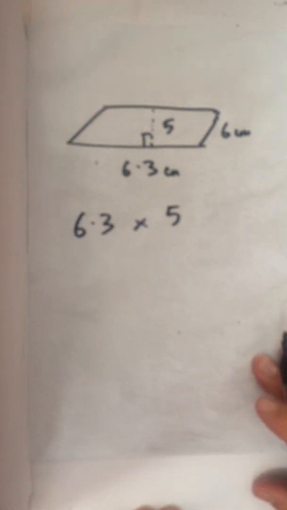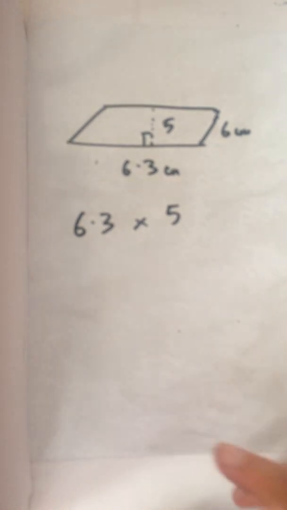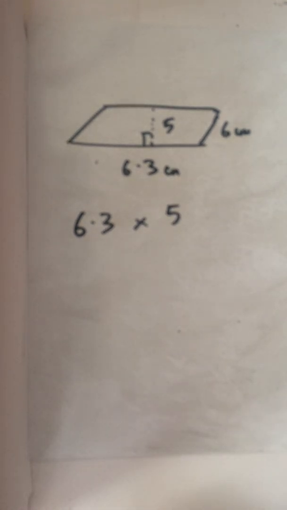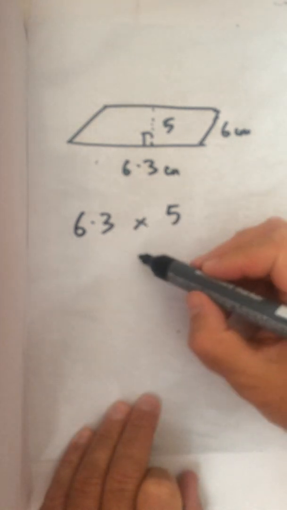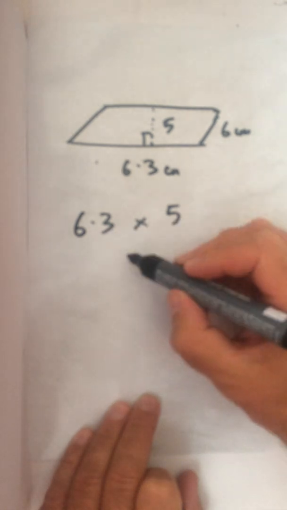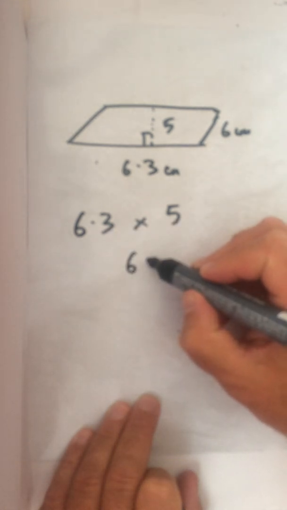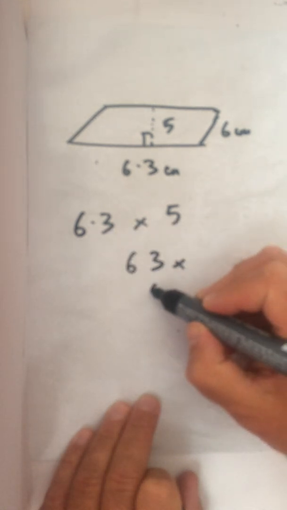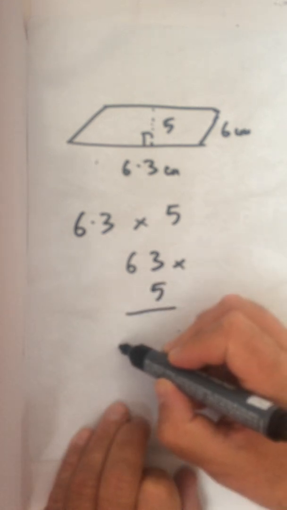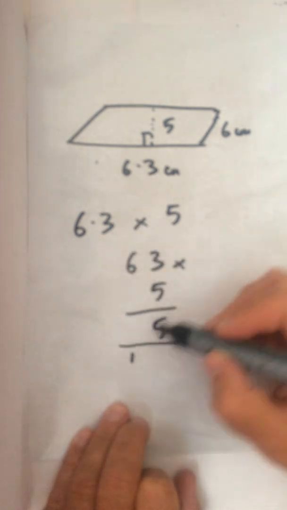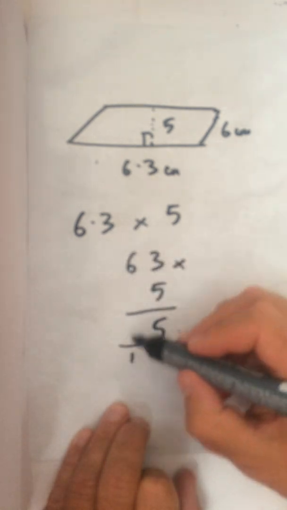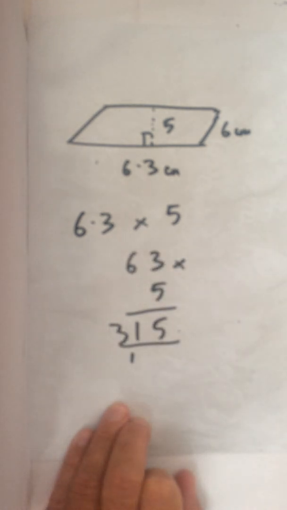So remember what we've got here is a decimal number. This is how we can deal with decimals when we're multiplying. This is the best way I think of doing it: I'm going to ignore the decimal. So it becomes 63, and I'm just going to times it by 5, and I'm going to use my normal method. 5 times 3 is 15, 5, carry the 1. 5 6s are 30, and 1 is 31.